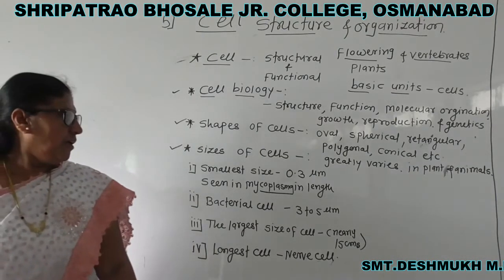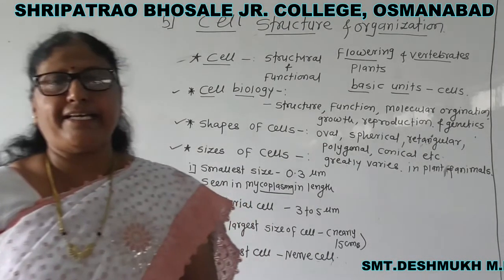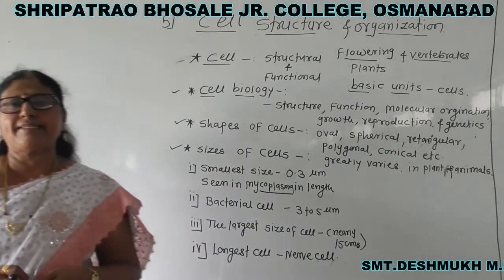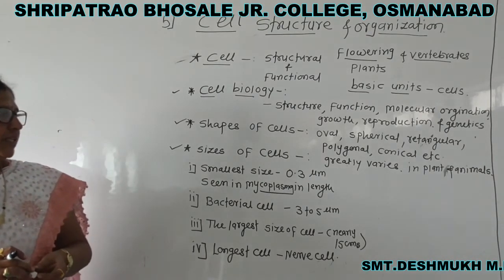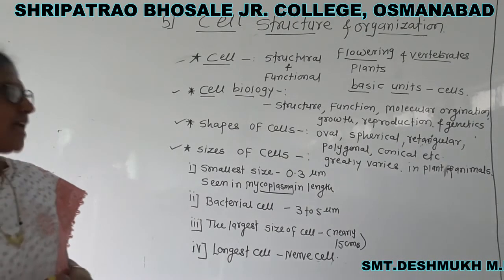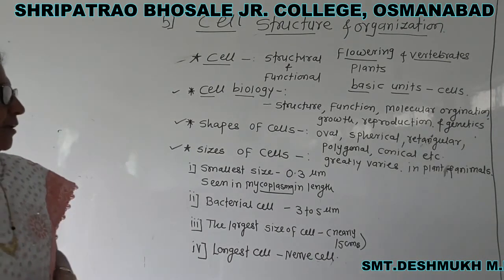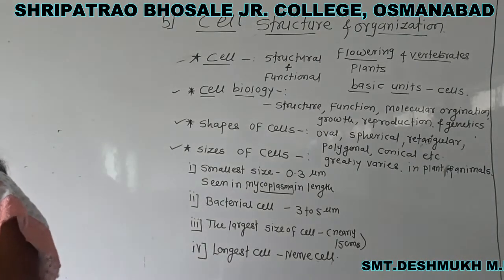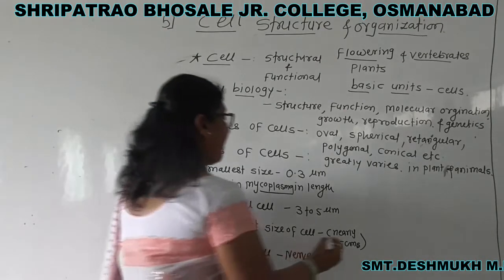Then the bacterial cell is 3 to 5 μm. The largest cell, nearly 15 centimeters, is seen in the ostrich egg.